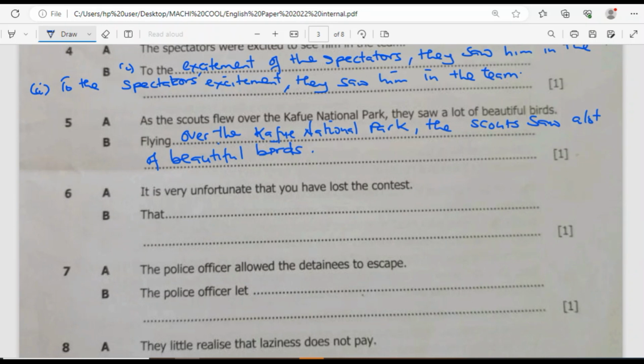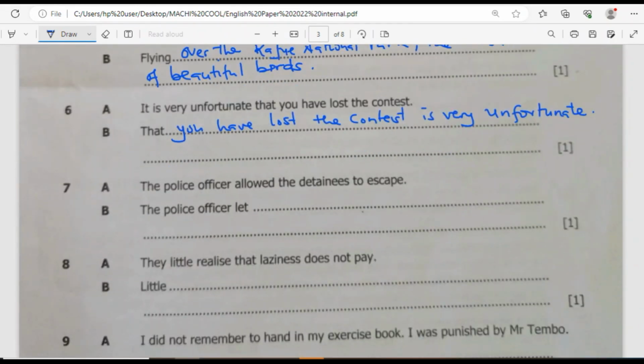So we are saying that you have lost the contest is very unfortunate. Okay, so we can move to 7.